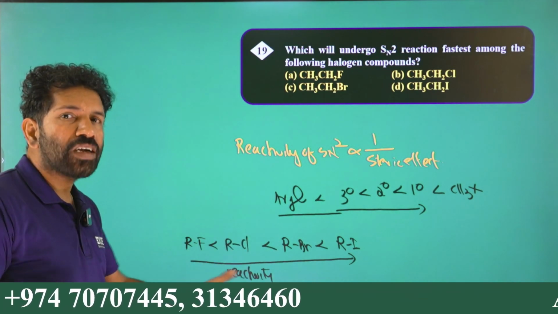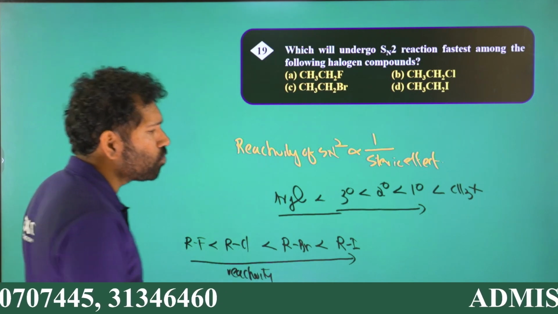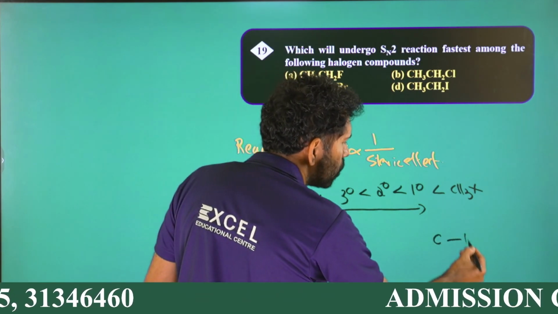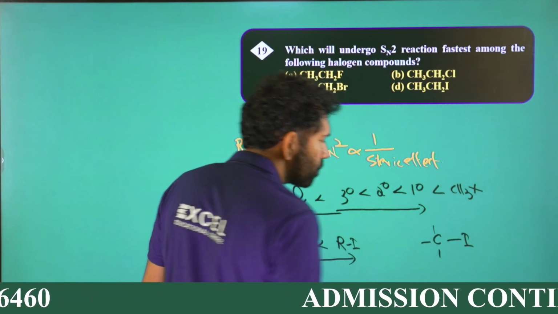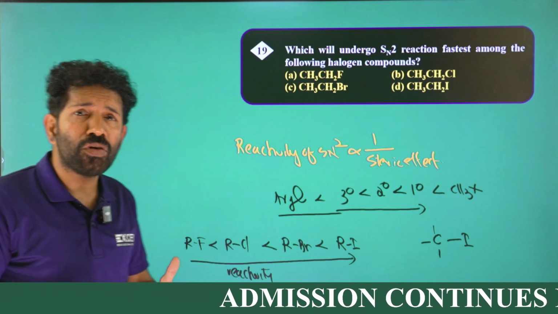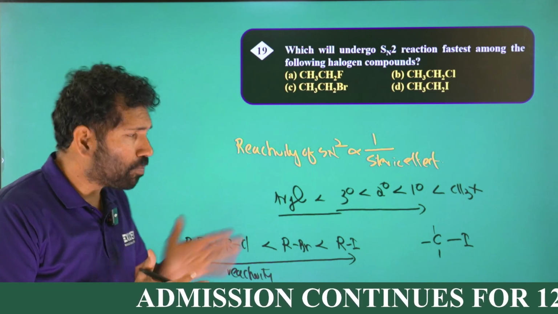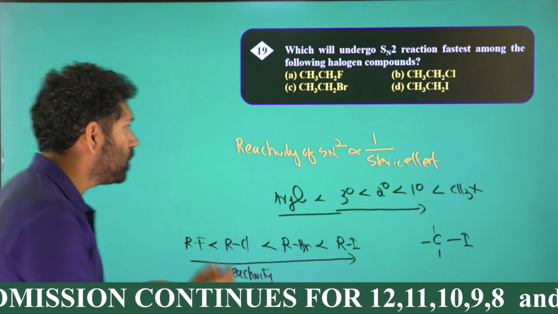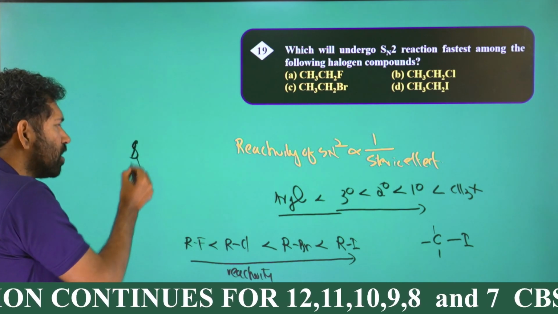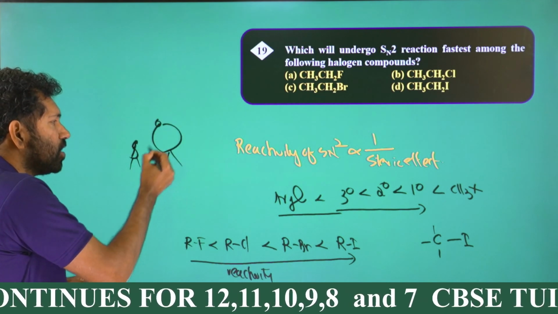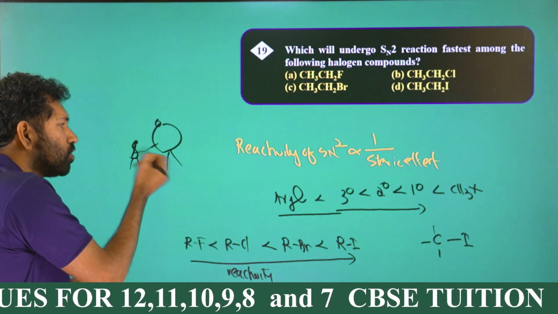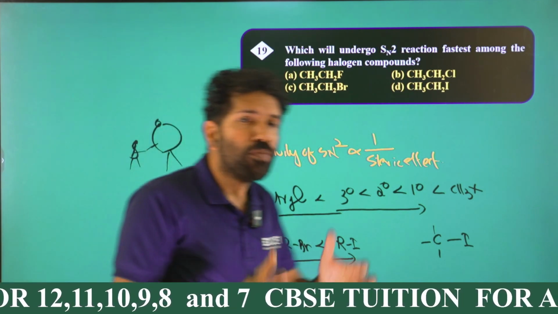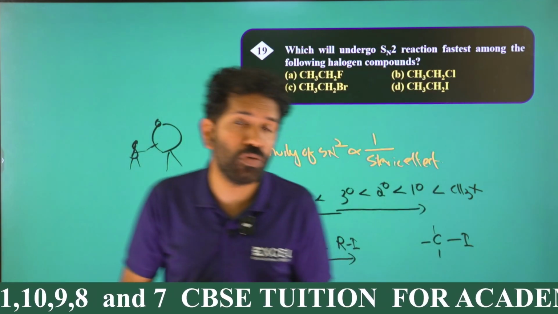Tell me why alkyl iodide is more reactive. See students, the carbon-iodine bond is a weaker bond, because the size difference between carbon and iodine is so much. Here the carbon is a small guy, iodine is a gigantic guy. They are making a bond between each other. The bond formed will be weaker due to the size difference.